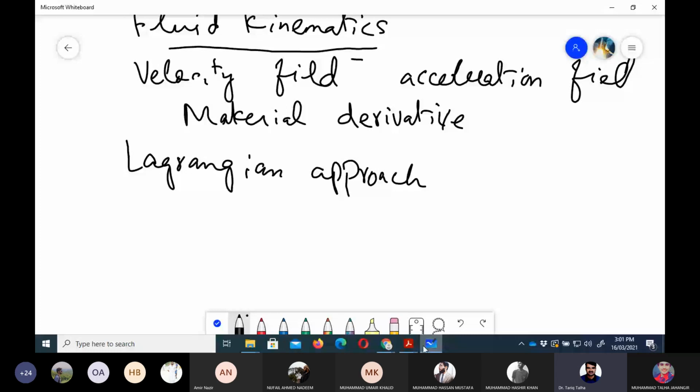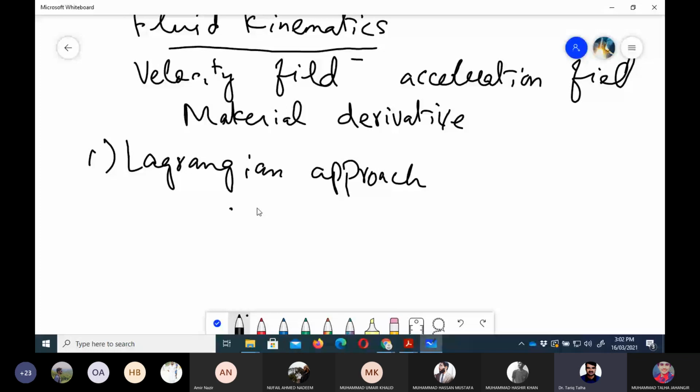So we were talking about the Lagrangian approach at the moment. That was the first way of doing analysis. And what is the Lagrangian approach? Basically, we follow an individual particle along its path, and we record the properties as it moves along its path.